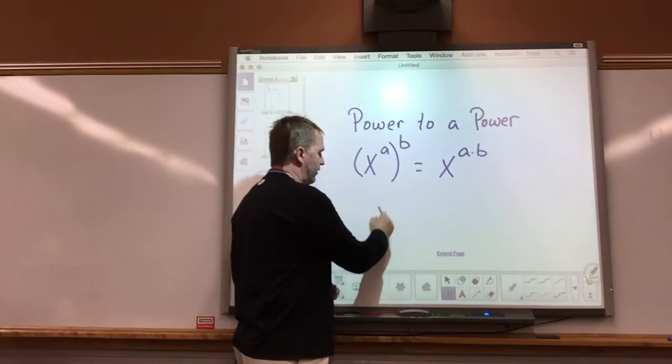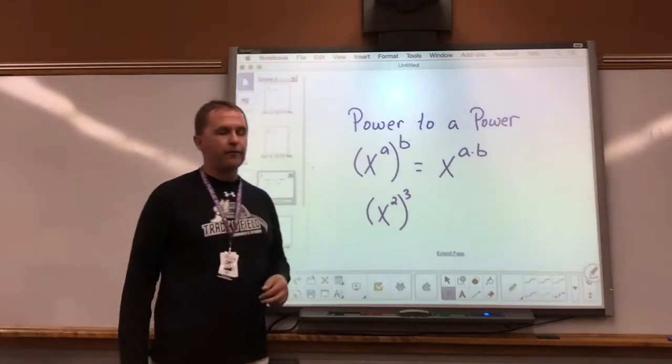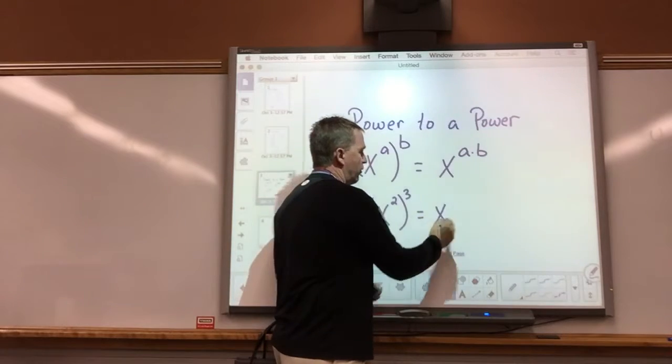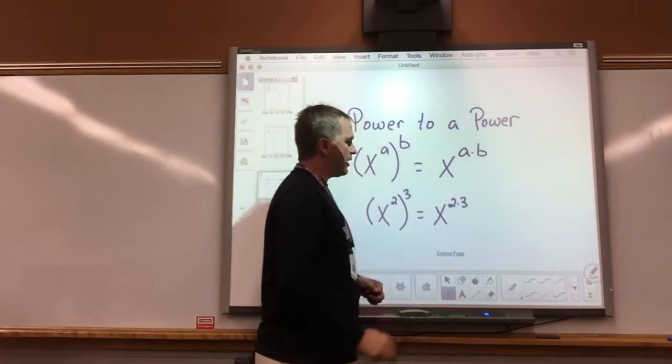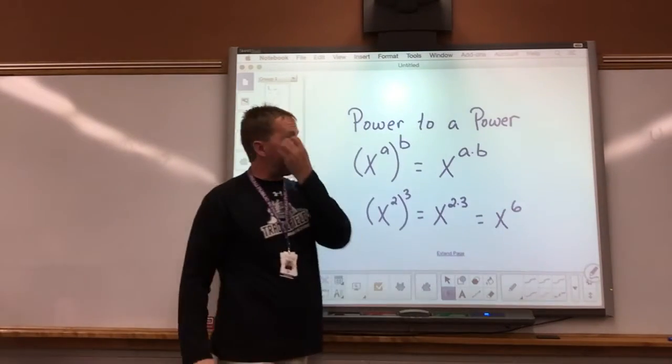An example of this would be x to the second raised to the third. One power is raised to another power, so my answer is these two powers multiplied, which is 2 times 3, or x to the 6th power.